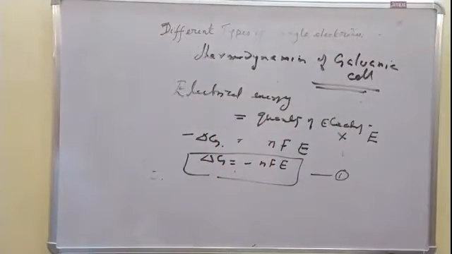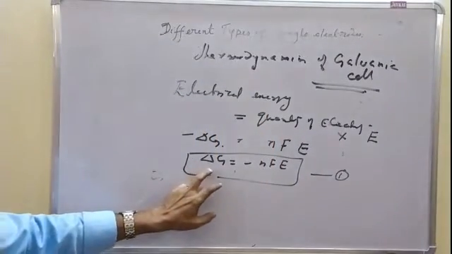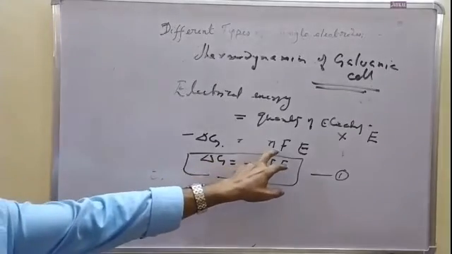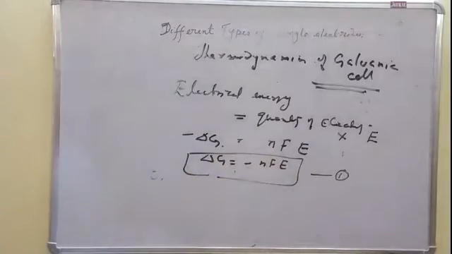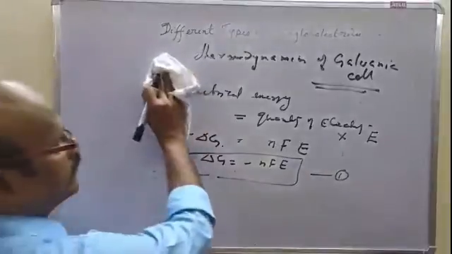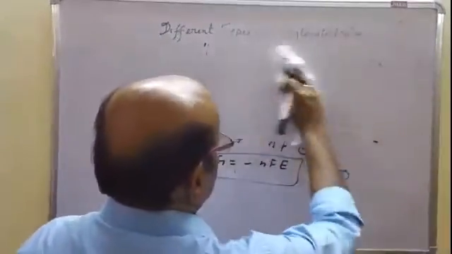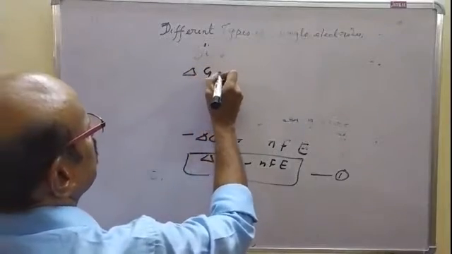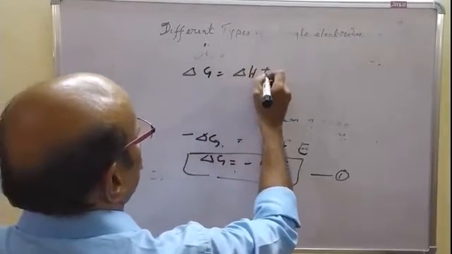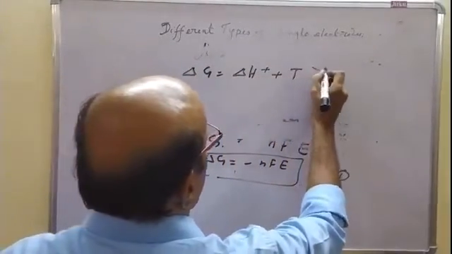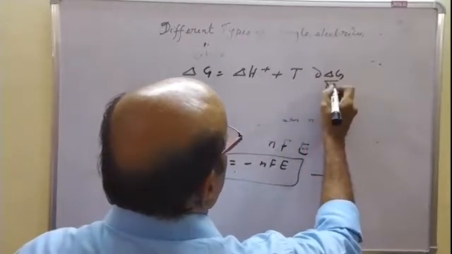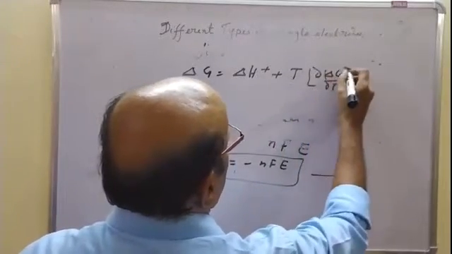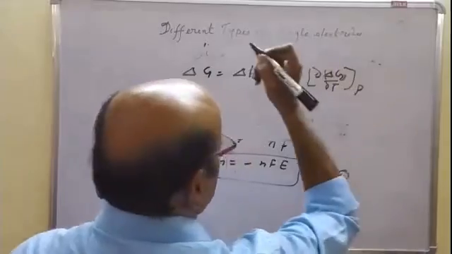According to thermodynamics, the decrease in free energy of a reaction is given by delta G equal to minus nFE. Then, according to the Gibbs-Helmholtz equation, you know that delta G is equal to delta H plus T into d delta G by dT at constant pressure, that you have already studied.